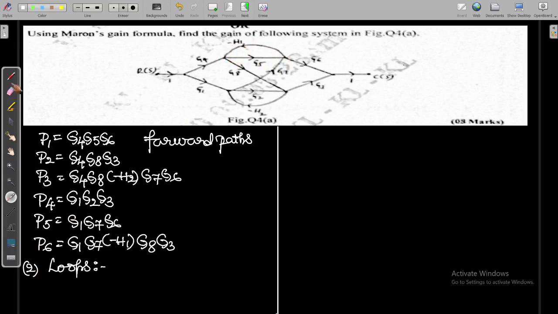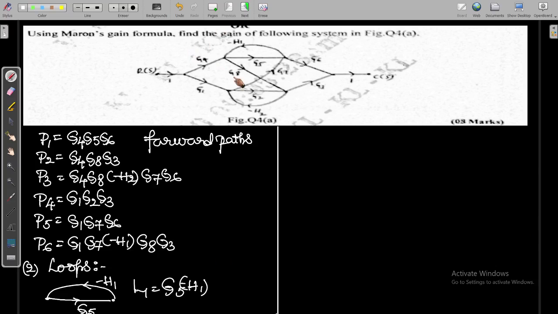So the first loop I am drawing here individually, this is G5, next you have minus H1. This is L1 that I am taking. What is the L1 loop gain here? That is G5 into minus H1.